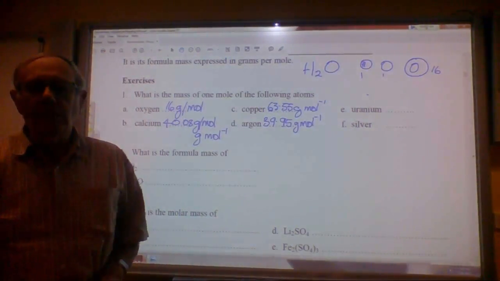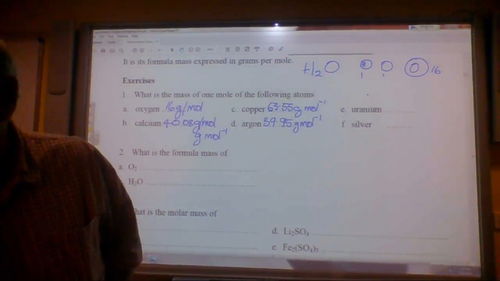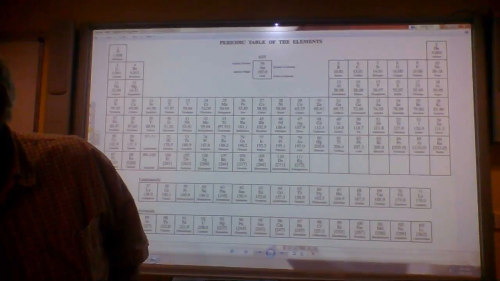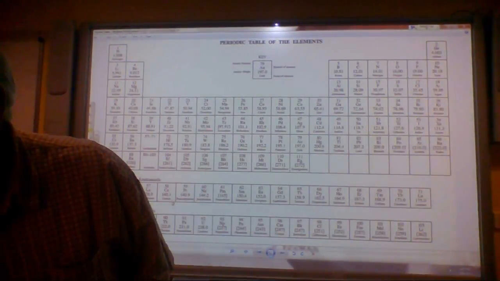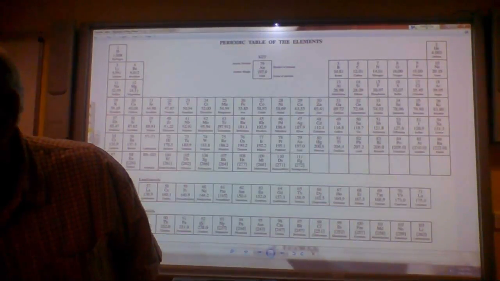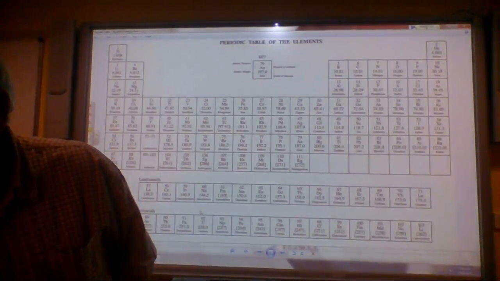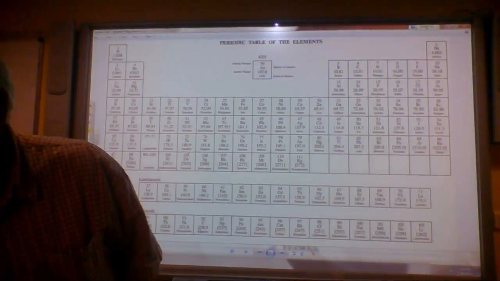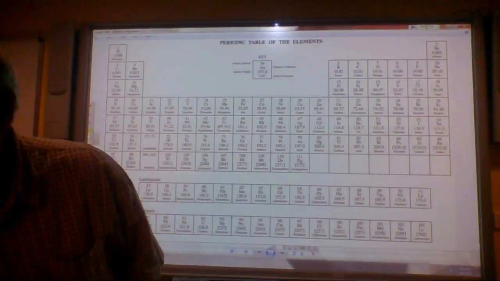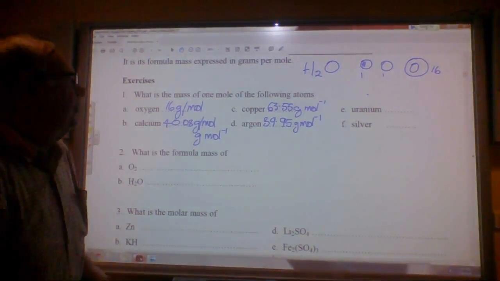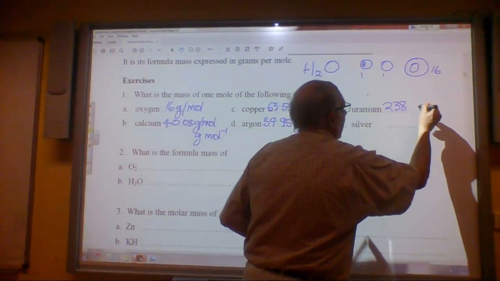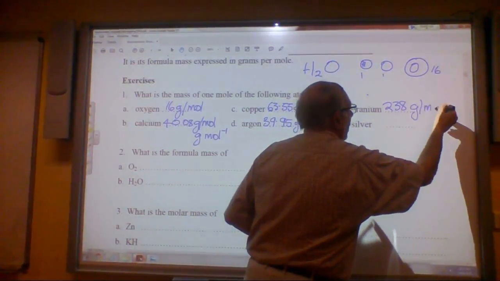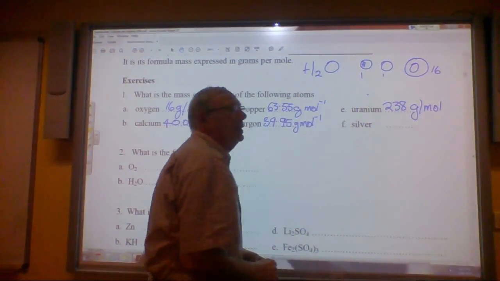Uranium. Now uranium has the symbol U, so we look at that one, and it's down here somewhere. I always have to poke around just a little bit to find it. I hope you can see it there. It's 238. So we go back, 238 grams per mole. And lastly, silver.